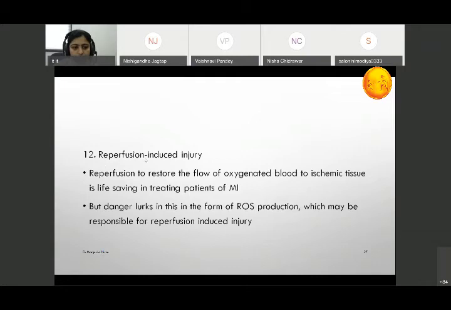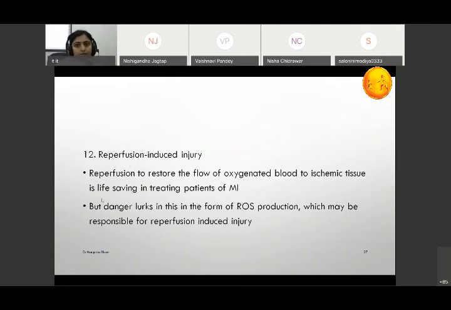You all know what reperfusion is. It is a phenomenon by which oxygenated blood flow is restored to the ischemic area. Ischemic tissue is that part where the blood supply is less or nil. Hence, restoration of oxygenated blood flow to the ischemic tissue is required in a myocardial infarction patient.